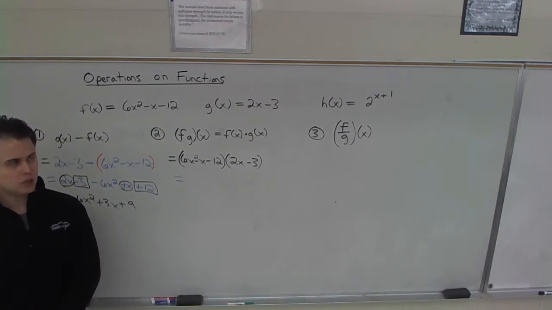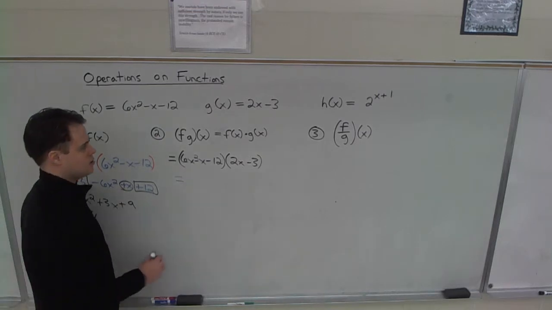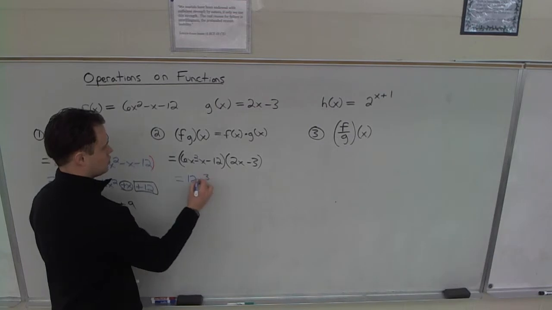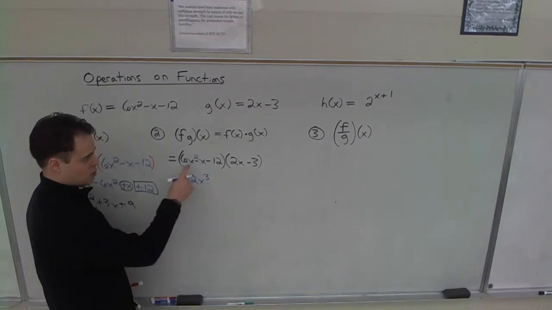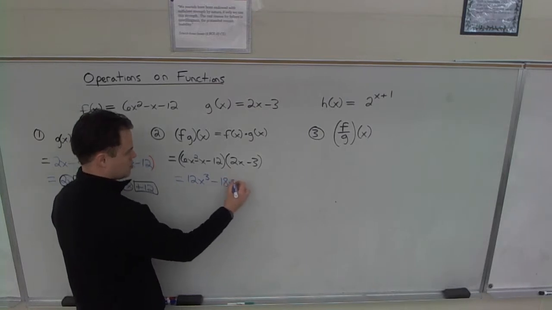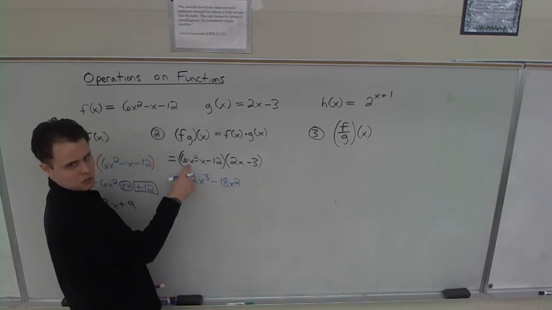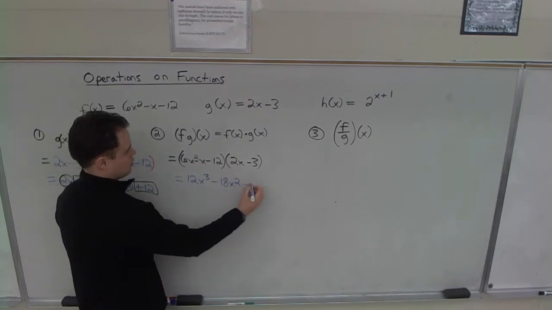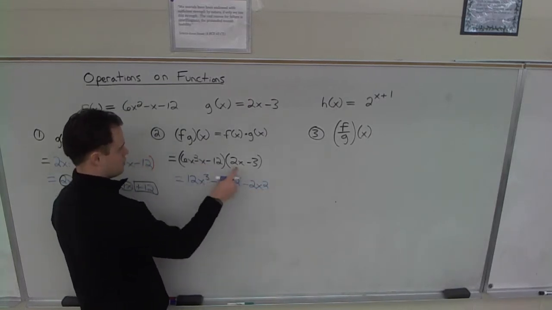All right, so when we expand this, how many terms are we going to get initially? 6. 3 terms times 2 terms is 6 terms. Some of them might combine. Let's see what they are. This one's going to be 12x cubed, thanks to Ms. Miller. This one's going to be negative 18x squared. Now I'm done with the 6x squared, so I'm going to move on to the x. For these I have negative 2x squared. That's that one.